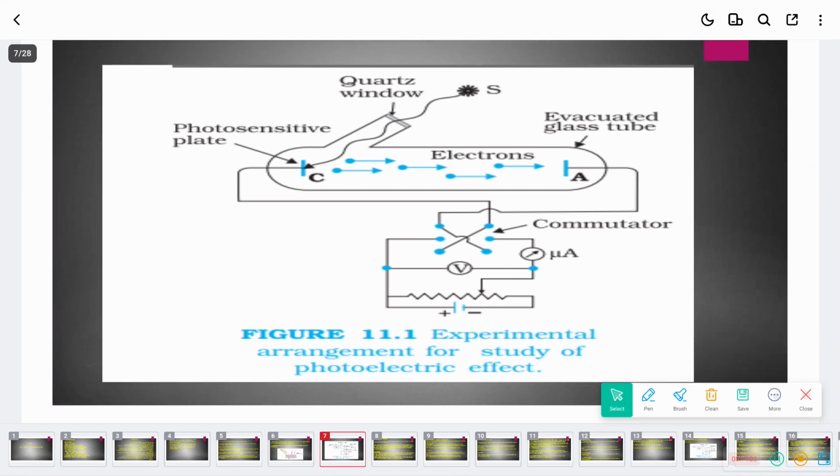Light is coming here; mostly we take UV light. Here you have a metal, that is called the cathode. When light falls on the cathode, like I showed you before, electrons will come out. These are the electrons.